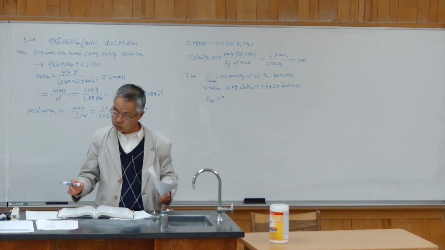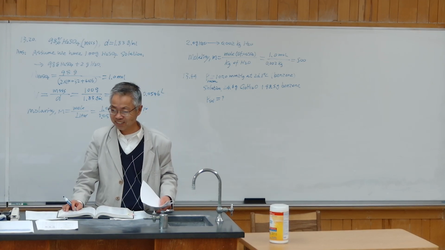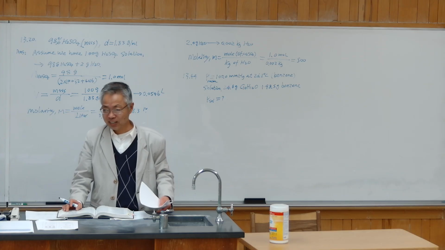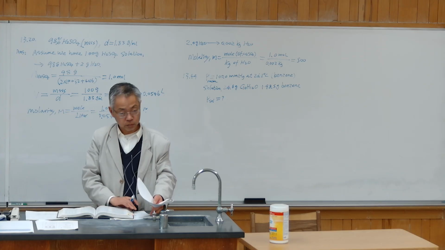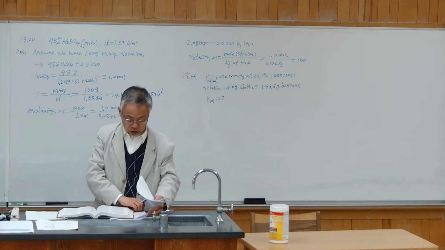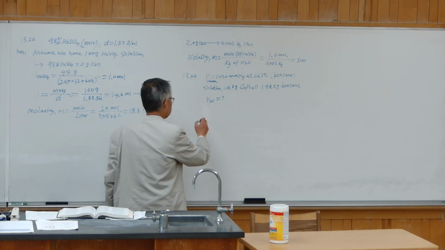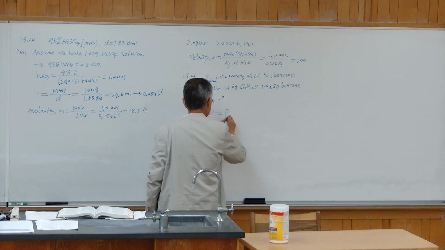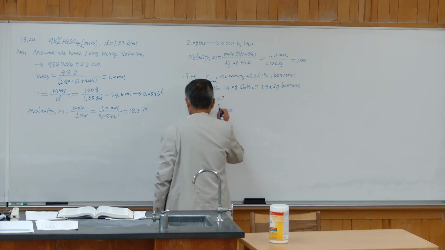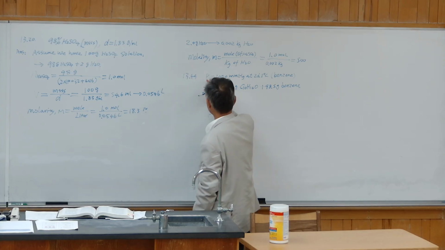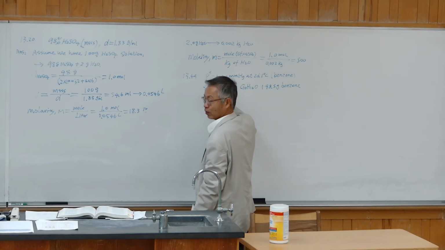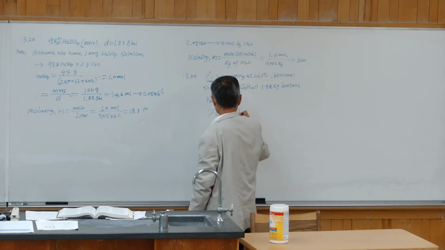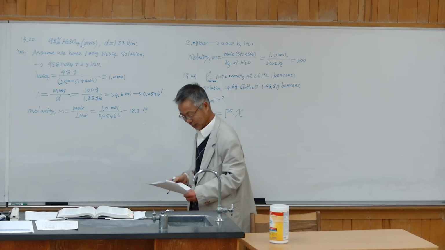This means it will not be vaporized, just like sodium chloride, it will stay in solution. So only solvent will vaporize. The solution's vapor pressure equals pure solvent vapor pressure times mole fraction.